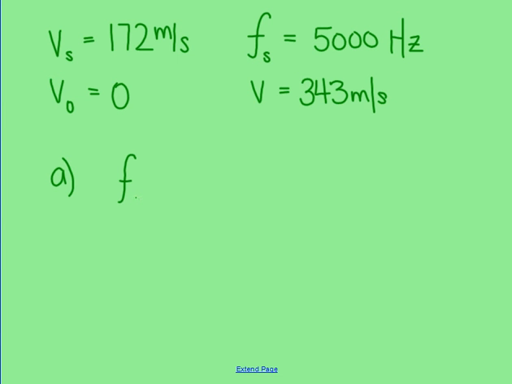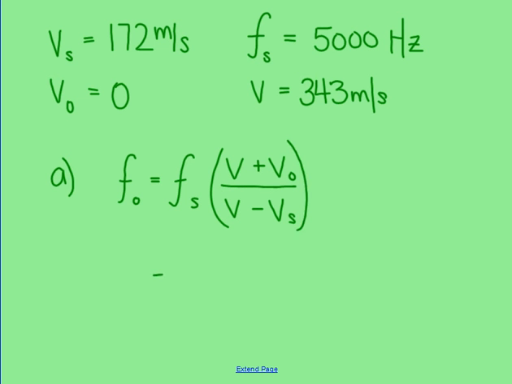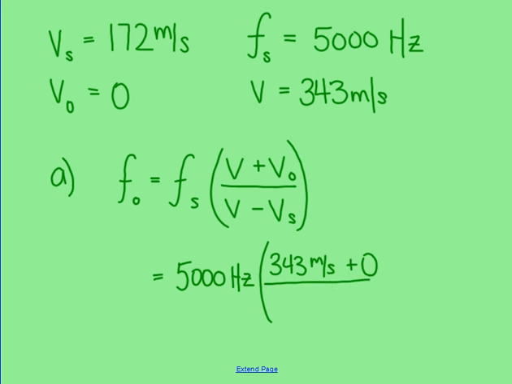Our equation is that the observed frequency is the source frequency times V plus VO divided by V minus VS. I can just plug some numbers in. 5,000 hertz times the quantity 343 meters per second plus 0, because my observer is not going anywhere, divided by the quantity 343 meters per second minus 172 meters per second.